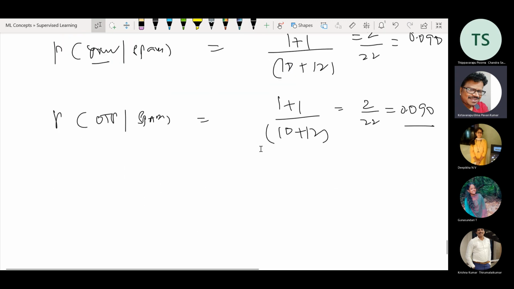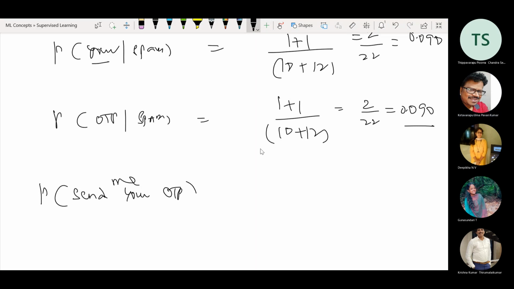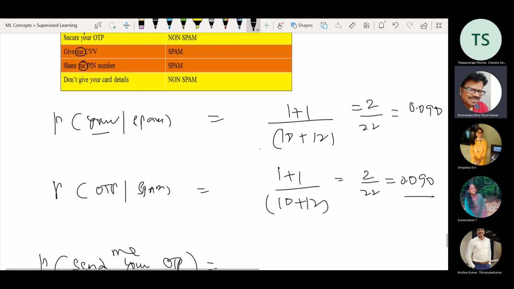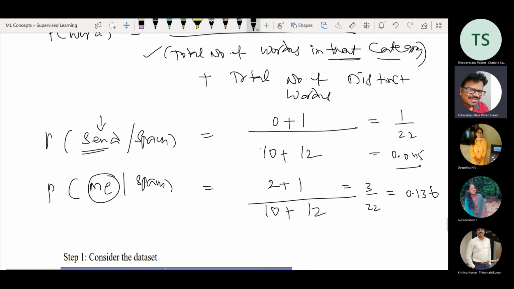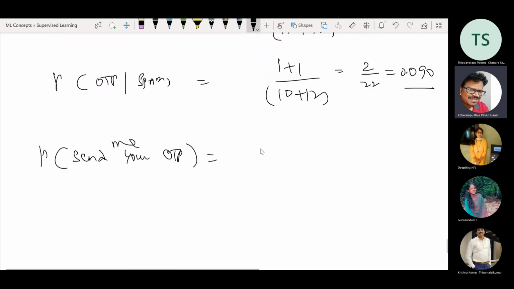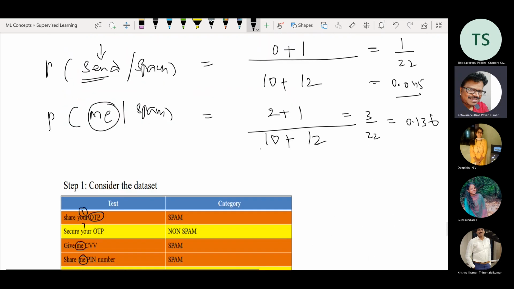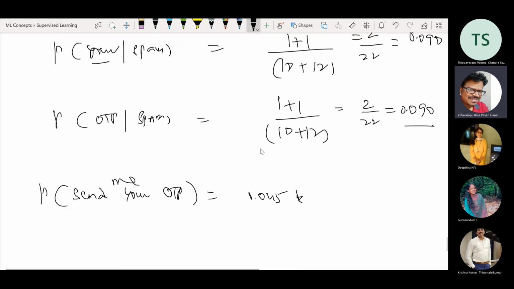Now we could compute each word's probability. What should we do now? We need to compute the probability of send me your OTP. All these things we should multiply. The first value is 0.045, into the second value, 0.136, into 0.090, into the fourth value, also 0.090.